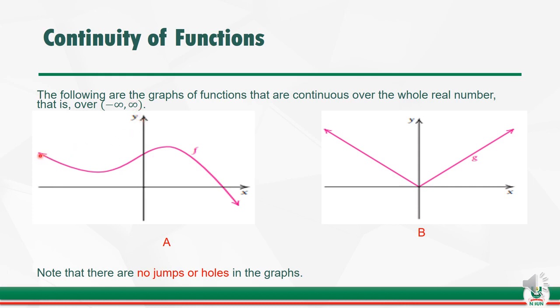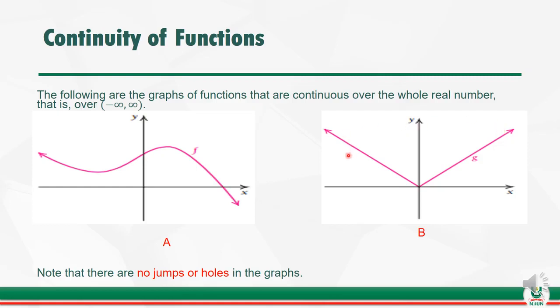If you trace this graph from the left to the right, and there's no jump, we say the graph is continuous. Let's also trace this graph from the left, we trace it up to here, and there's no hole or jump. We call this graph continuous.